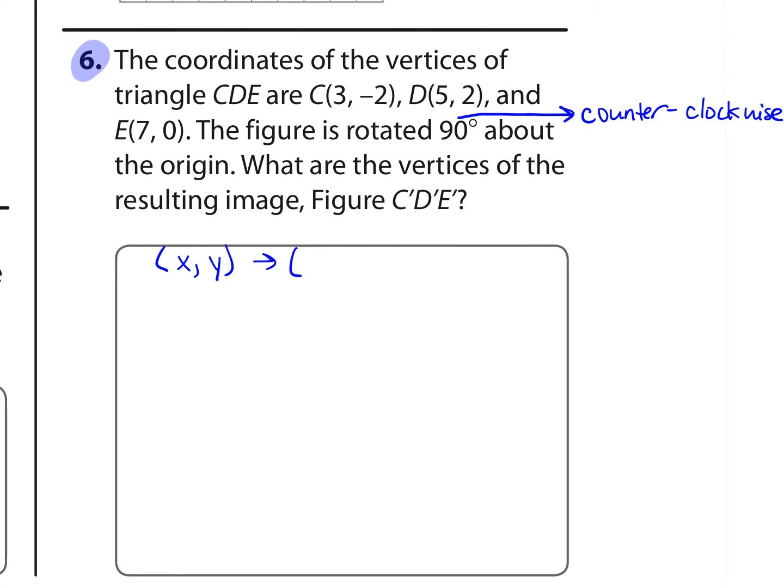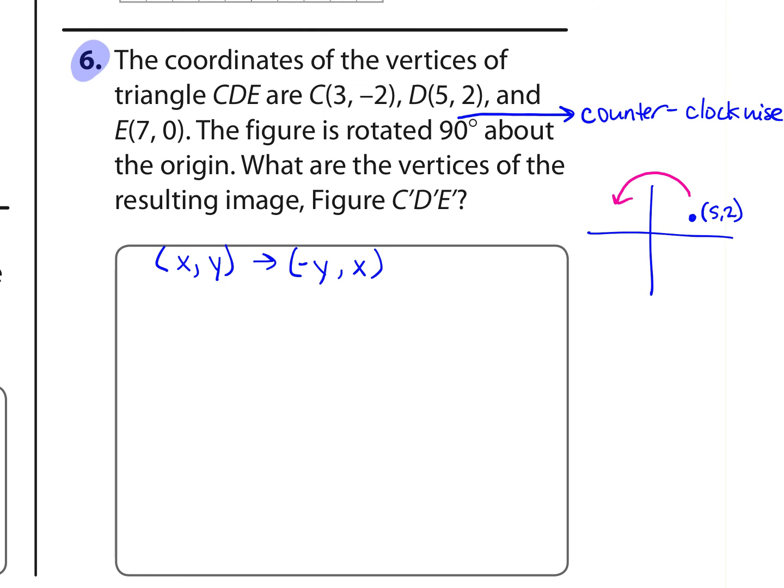Okay, so remember, a 90 degrees counterclockwise rotation. We know when we go 90 degrees that y and x swap places. And then if you ever get confused about which signs change, you could always sketch it out. I know that a counterclockwise rotation is where y changes the sign, so it's going to be negative y then x. But I could sketch it for a moment. I take a point, let's use the point (5, 2), and if I go counterclockwise, that's opposite of a clock.